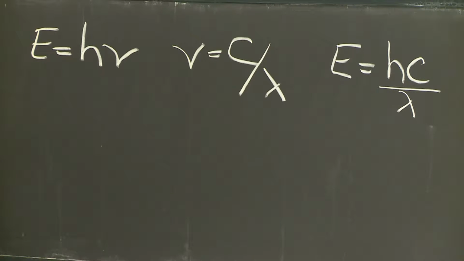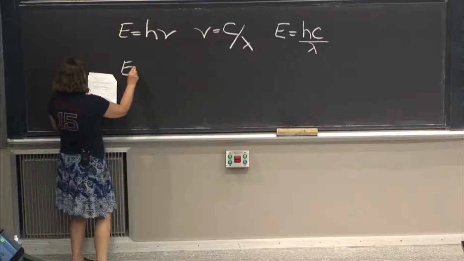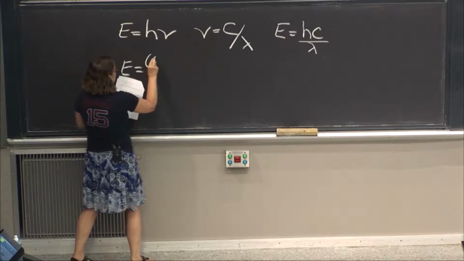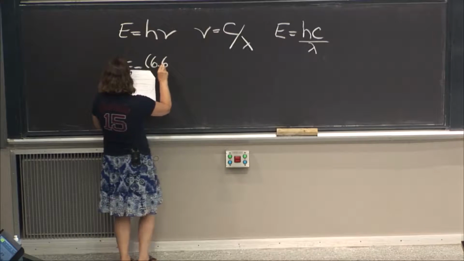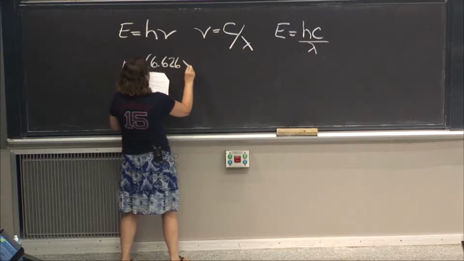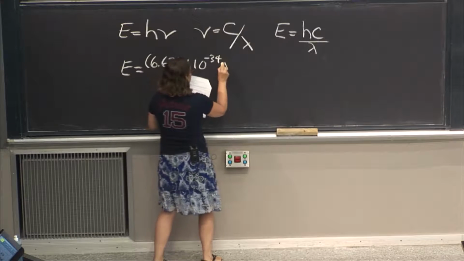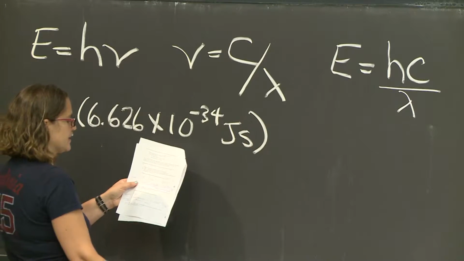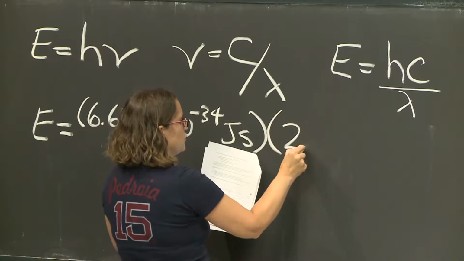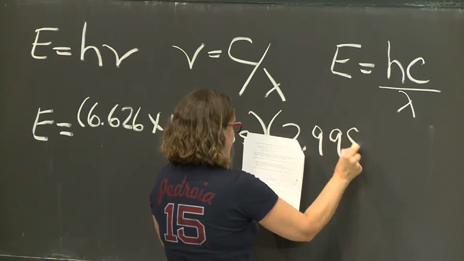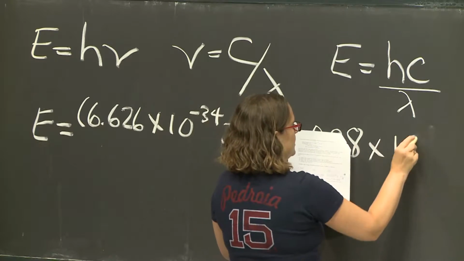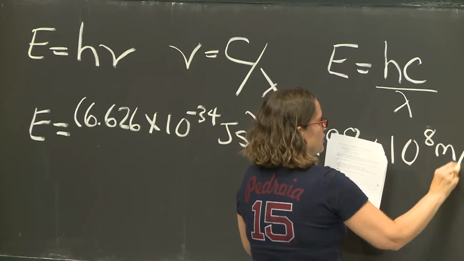So we can use that last equation to do a calculation and figure out the energy that's associated with that particular wavelength of light. So here we have energy. We're going to write in Planck's constant, 6.626 times 10 to the minus 34, and the units are joules times seconds. And the speed of light, 2.998 times 10 to the 8 meters per second.